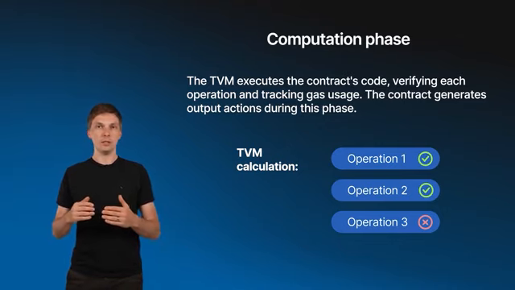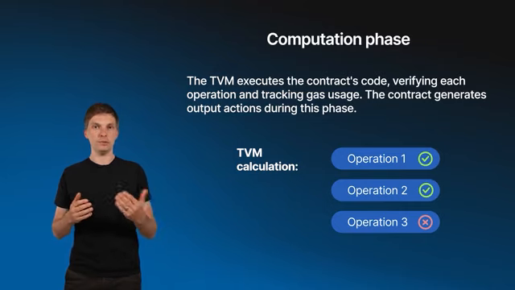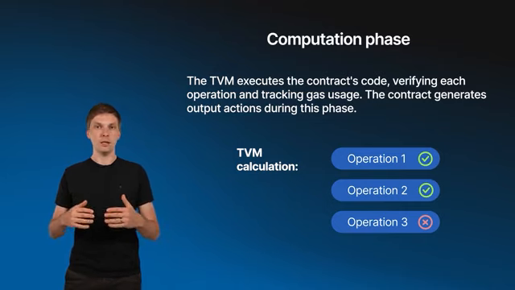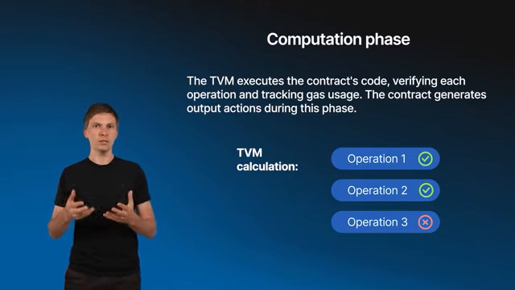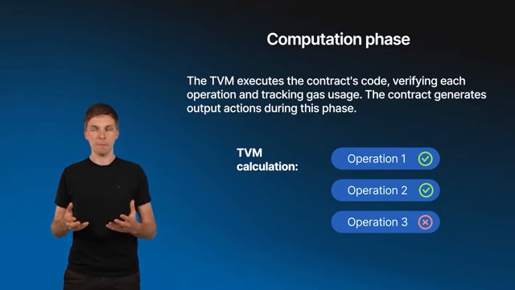Or you could decide to increase this limit. Let's say you verified that the message came from a verified source, and then you could say, okay, I increase my gas limit to the entire balance of my contract, and then I'm allowed to spend as much money as I want. And then it's your job as a developer to make sure that this code is not running out of money.